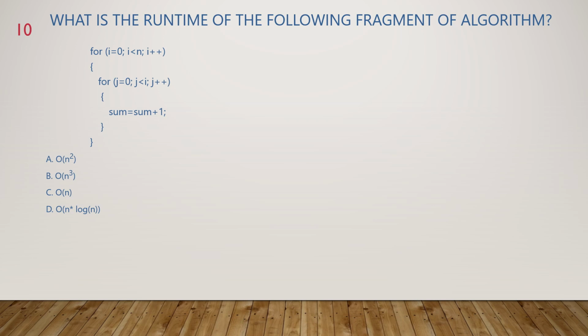And then the statement sum equals sum plus 1. It's a nested for loop. Option A, big O of n squared. B, big O of n cubed. C, big O of n. D, big O of log n.